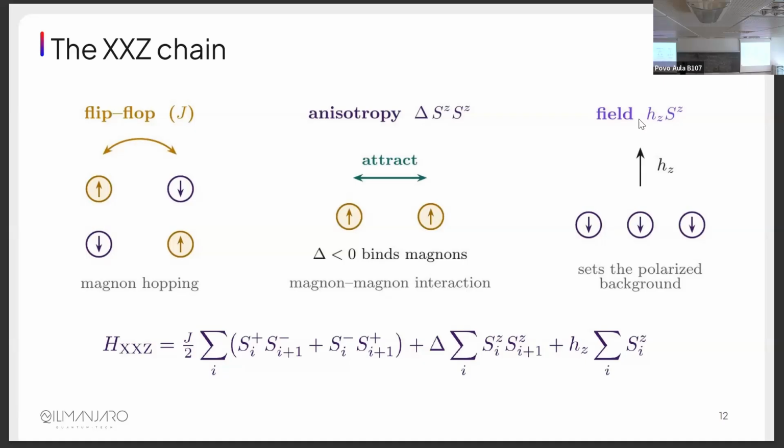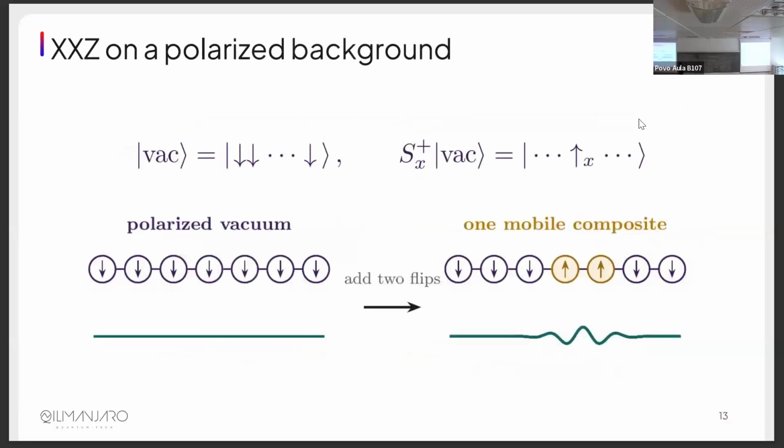So this delta imposes the stability of the magnon-magnon state, and then we have a single S-z term from individual sites, but in this case we are not going to consider this term. So for us, this term is zero. We start from the vacuum, where all the spins are down. In this system, the spin part does not interact with the Gaussian-Hubbard model, but only when we have a spin up will the system interact with the Gaussian-Hubbard model.